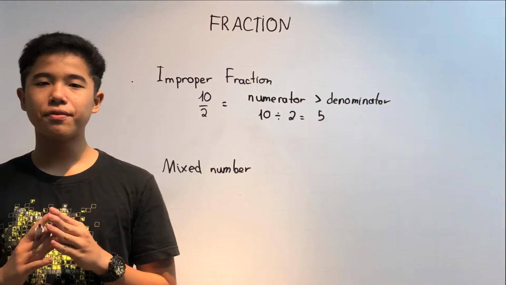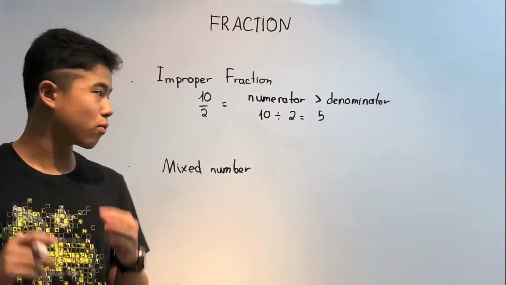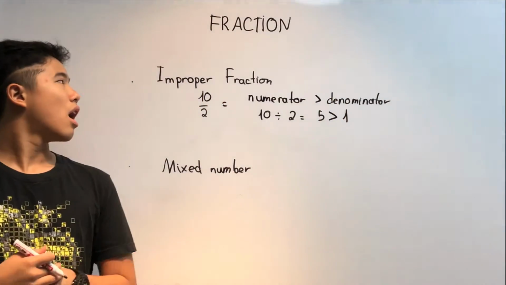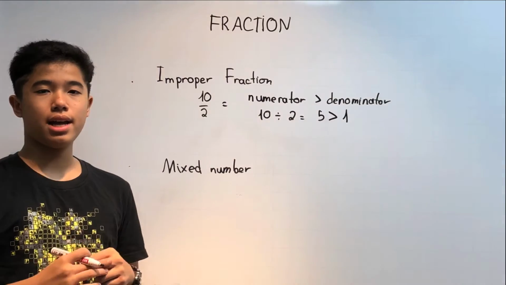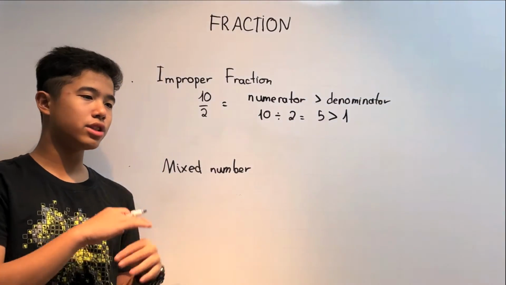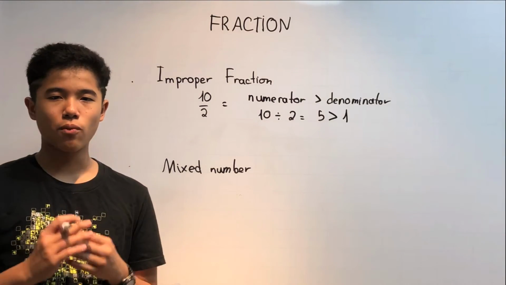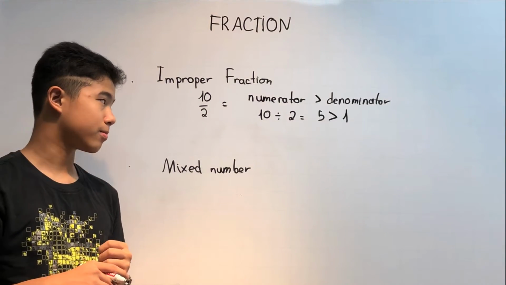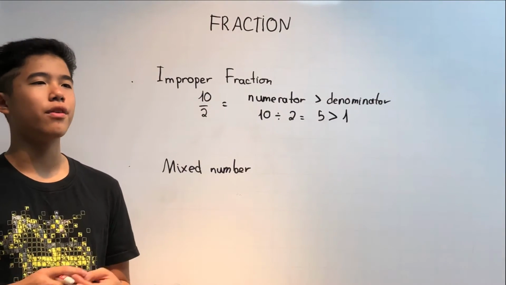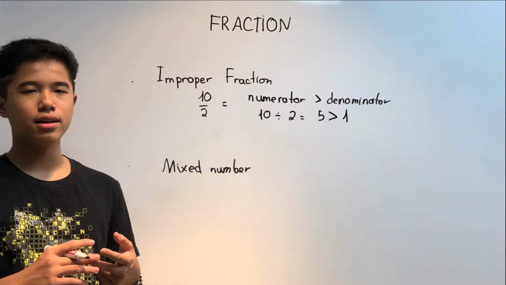And 5 is bigger than 1. Always remember that improper fractions are always bigger than 1. They can be 2, 3, 4, 5, or even higher.